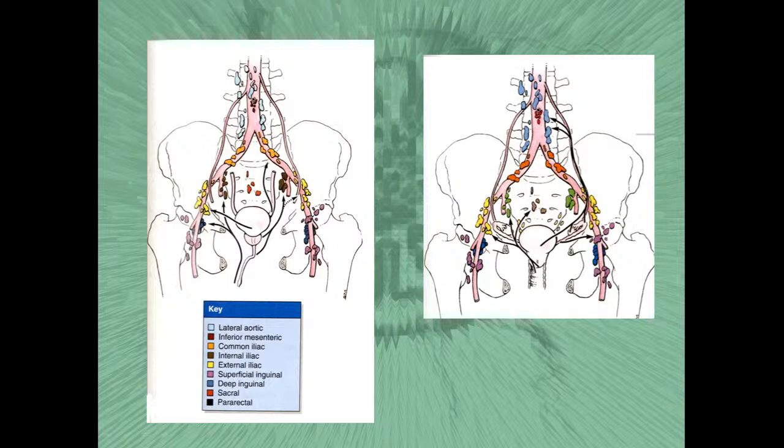From the internal genital organs, most of the lymph drains into the system of internal iliac lymphatic nodes, then to the common iliac lymph nodes, then to the lumbar trunk, thoracic duct.